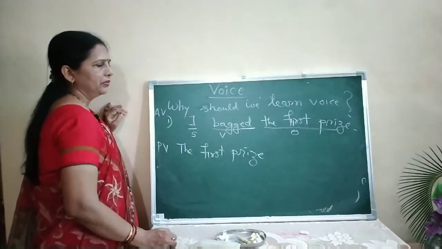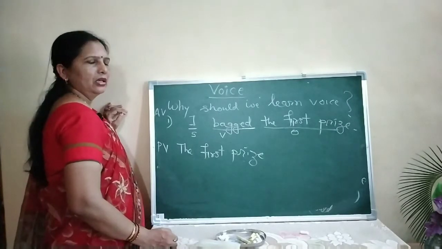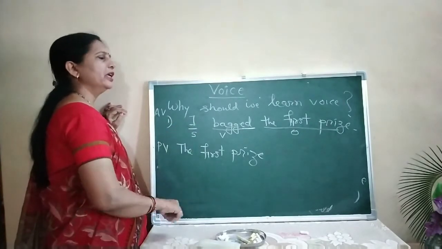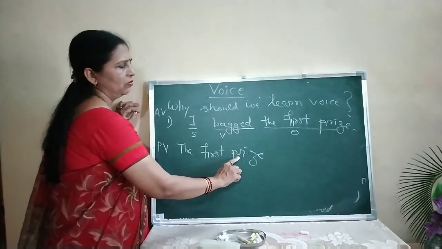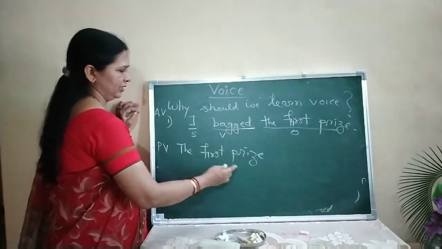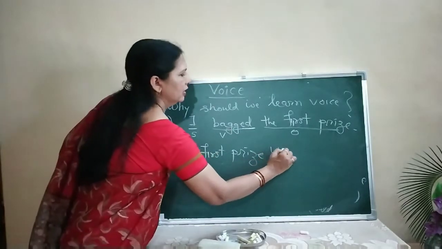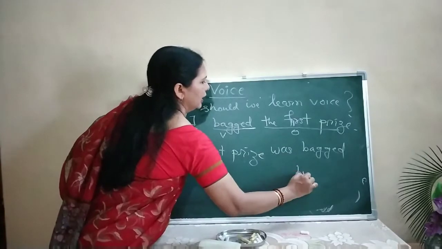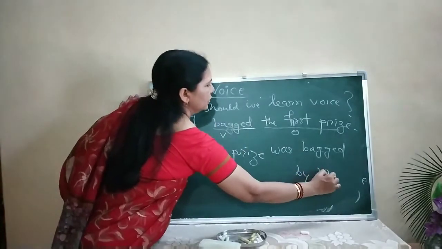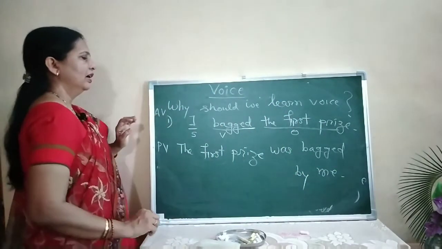I bagged. Means we have to use a form of to be in past tense. Now only one prize. Was or were? Was. The first prize was bagged by, I will change to me.